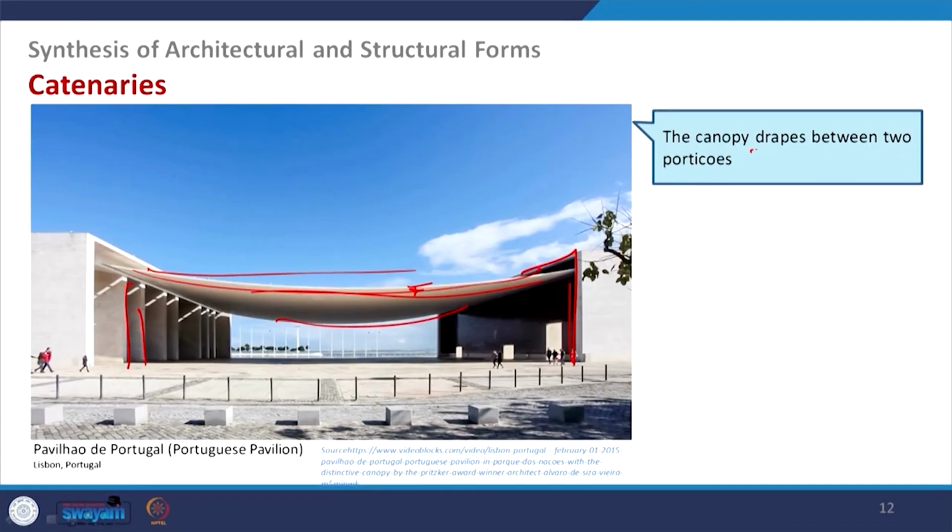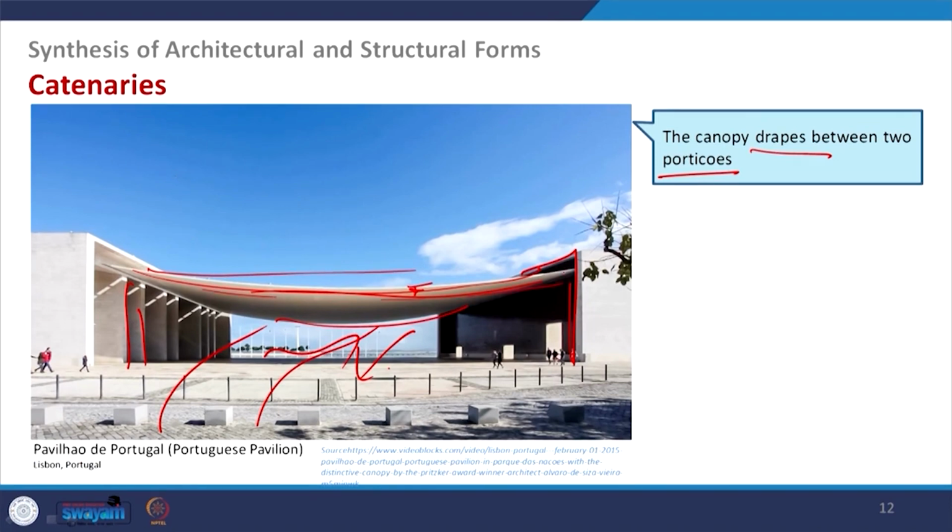The canopy drapes between two porticos and it is again open. So, there will be wind blow and other things, and next to it there is also a water body. So, it is predominant. It should have the property to resist against that, so it is allowed to bend.